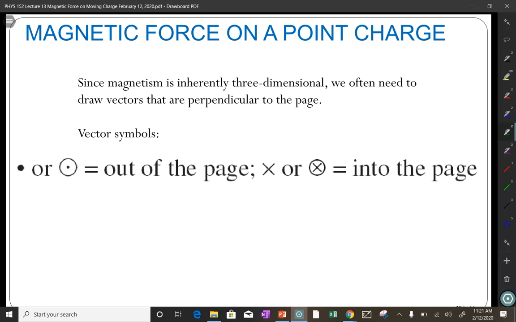So if you have an arrow and I point the arrow at you, you see the tip of the arrow, right? There's the dot. And so that's what coming out toward you is supposed to be, the tip of the arrow pointing at you. Whereas if I'm shooting the arrow, I see the back of the arrow and I see the fletching, the feathers. And so that's what this is supposed to be, the feathers of the arrow going away from you.